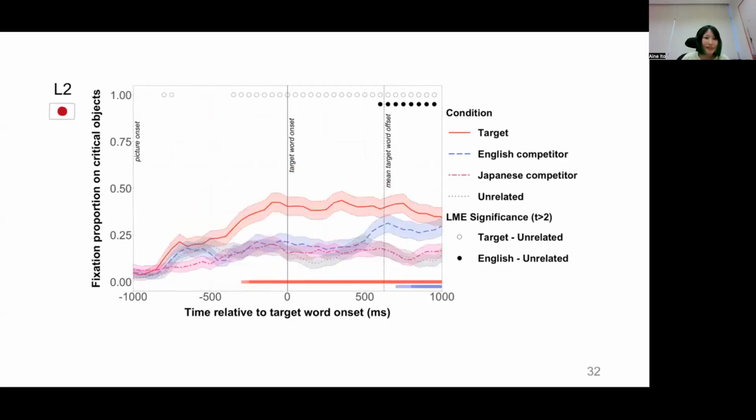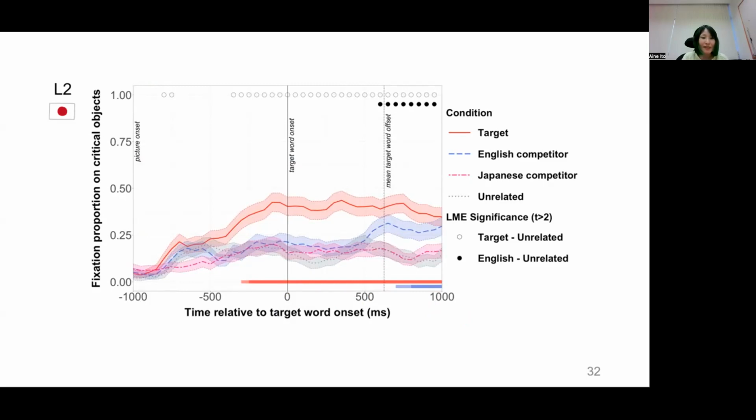But for the L2 speakers' data, we can see that the cluster was detected here, but this one that corresponds to these 2 points at the beginning was not detected. So we can conclude that this was probably by chance. Right? And we can similarly see that towards the end of the time window, we also see the cluster for the English compressed versus unrelated condition comparison.